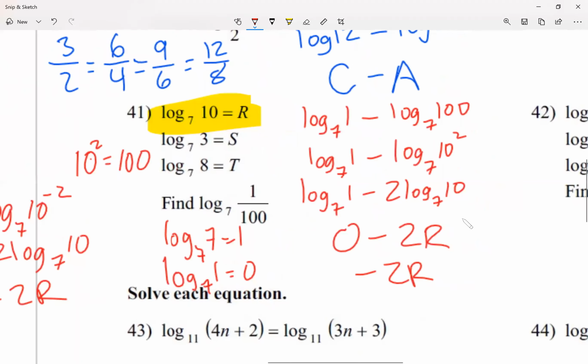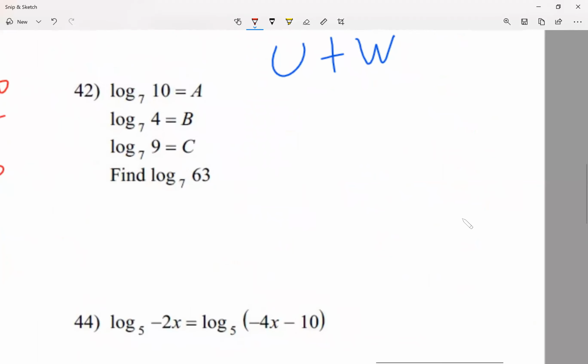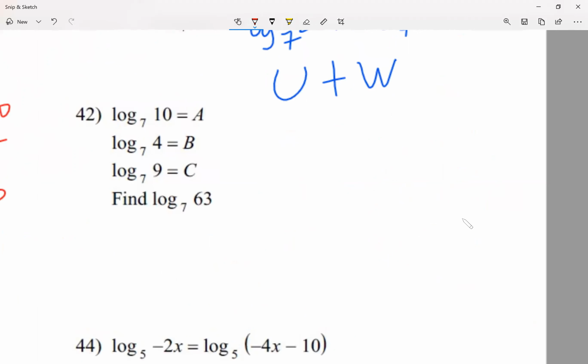Okay, let's take a look at number 42. I don't think I need a special case because I see 63. Actually, I do. I do use one special case. Log base 7 of 7. I know that's equal to 1. Now, let me have you think.